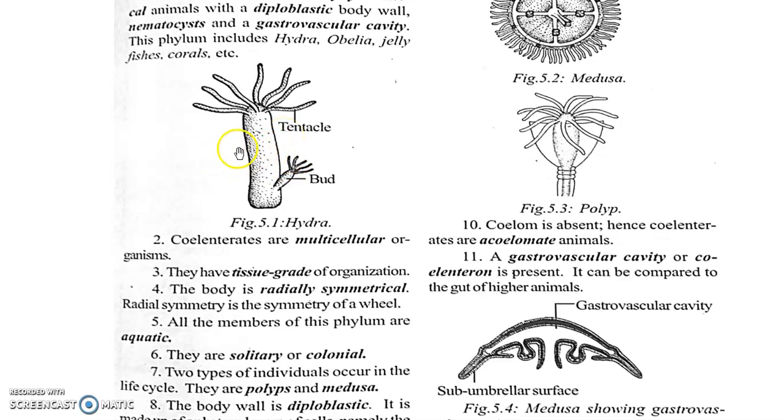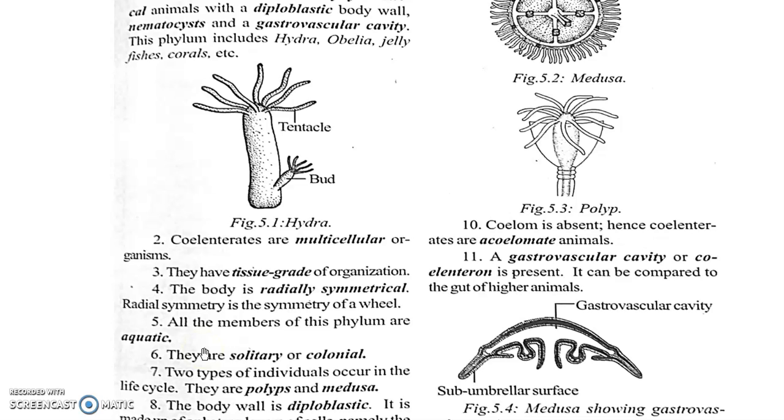If you cut this organism in any plane through the central axis, you will get two equal halves. That is called radially symmetrical. Radial symmetry is the symmetry of a wheel. You have seen how a wheel is round; cut from any side through the central axis, the central point, and you will get two equal halves. This is about radial symmetry.